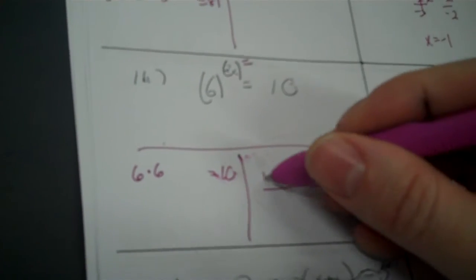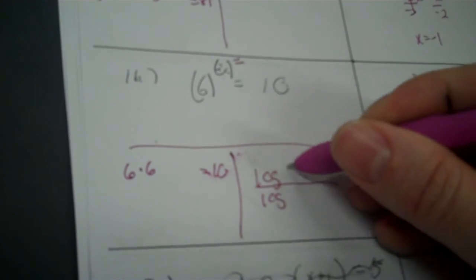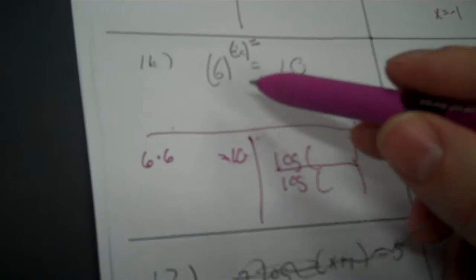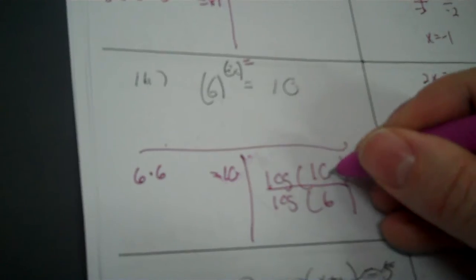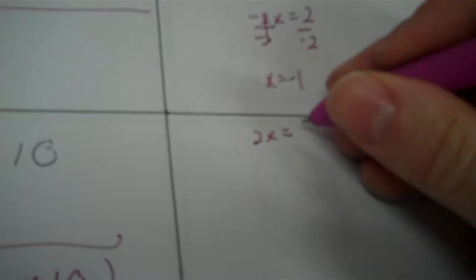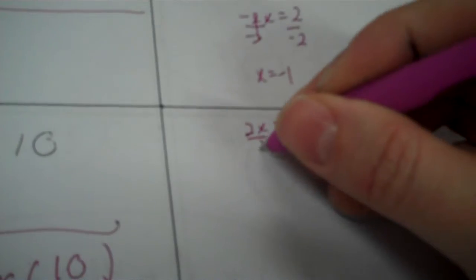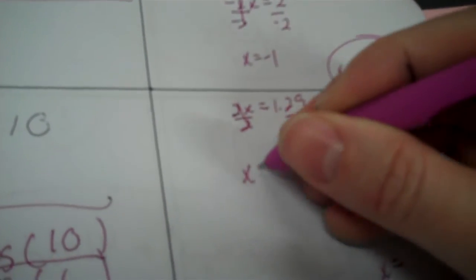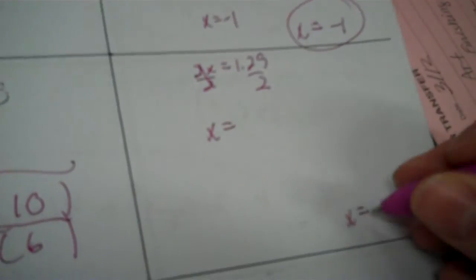So if I cross the limit of 10, then I go to my log over log, okay? So 6 on bottom, 10 on top, okay? Log 10 divided by log 6, 1.29, and then I just divide by 2. 0.65.